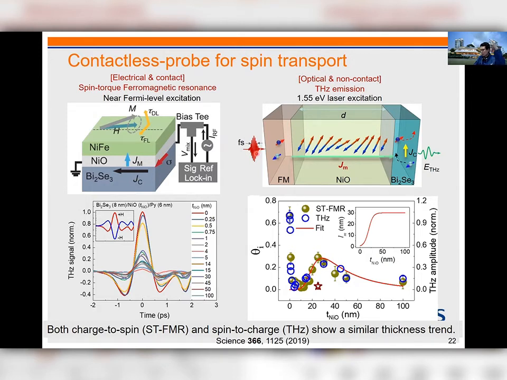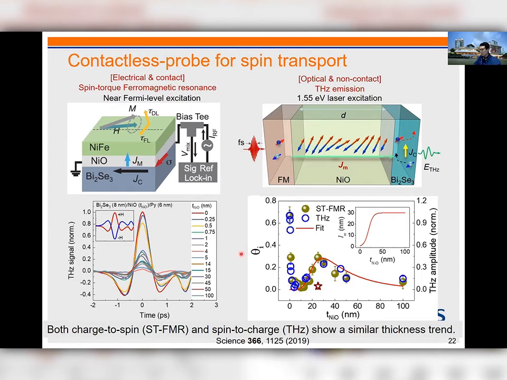So this is like a hot electron injection. Some people call it super diffusive current. Then this is the conversion from spin current into charge current. So this is an inverse effect. So we use a kind of forward and backward measurement, and both quite well agree with each other about the efficiency. So we can believe this thickness trend.